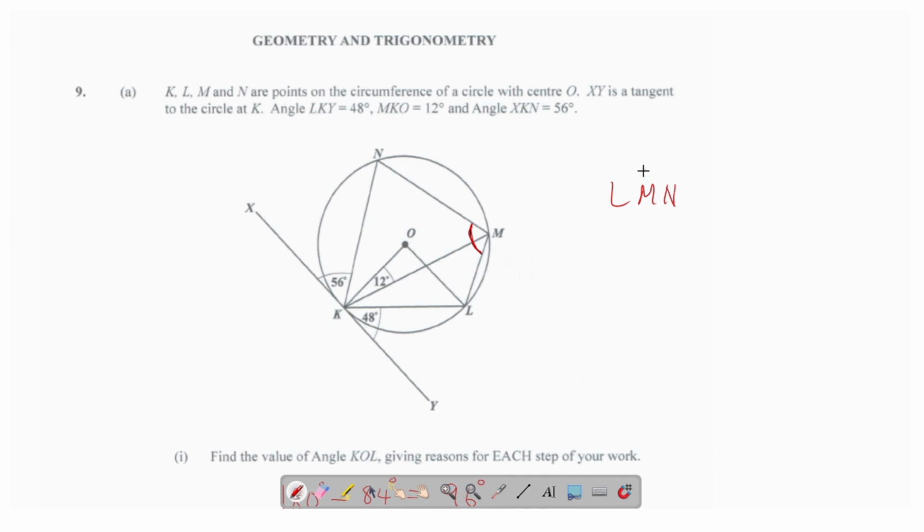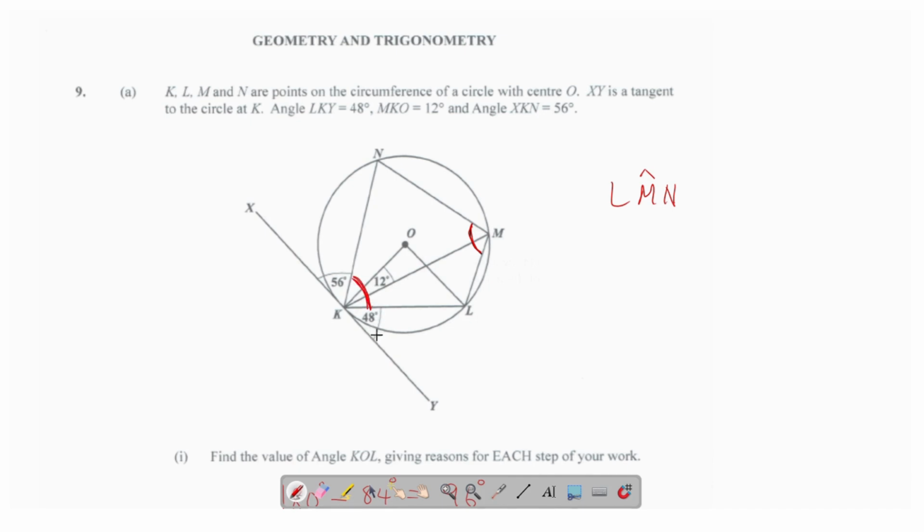Okay, so how do we do that? Well, we have a cyclic quadrilateral here, and if we know this angle, we can find LMN, and we know that angles in a cyclic quadrilateral are supplementary.